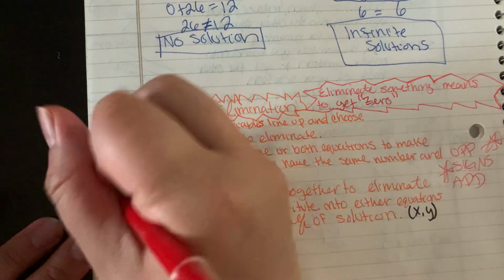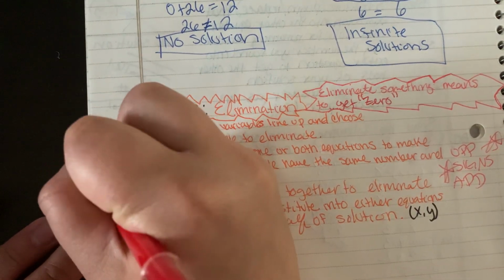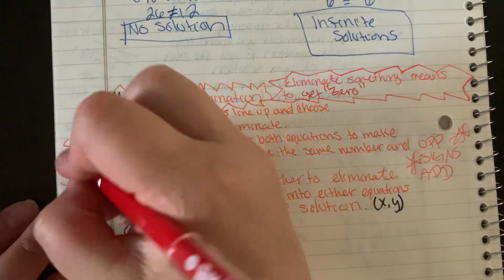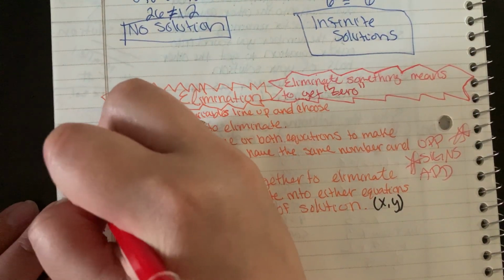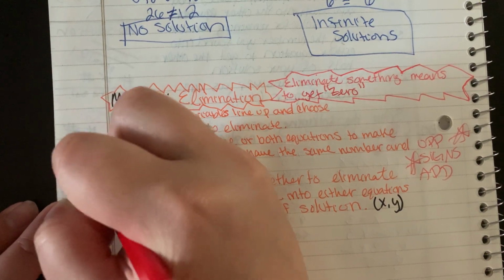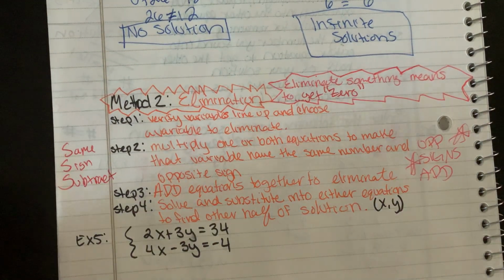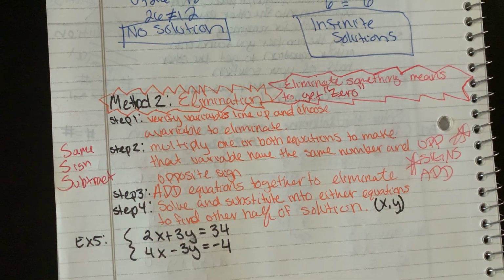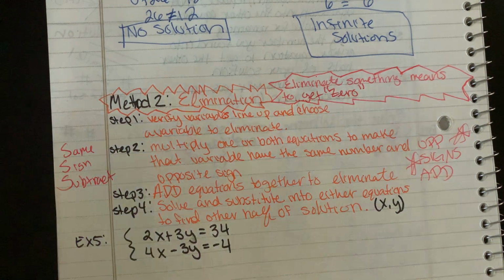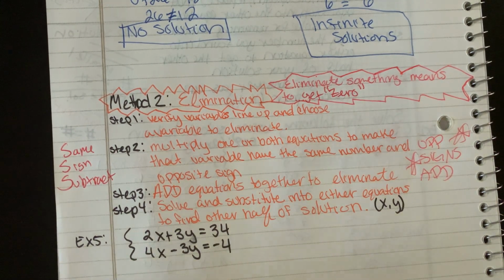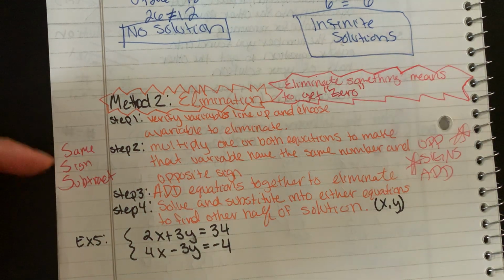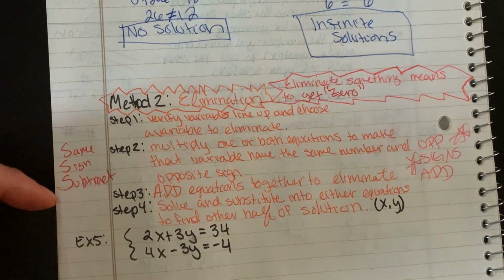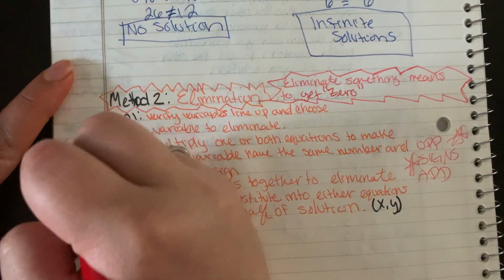But if you have same sign, which I referred to as triple S, you're going to subtract. You can manipulate an equation to always be able to add. That's up to you, or you can just analyze the set of equations given to you, and if you have same sign, triple S, subtract, or if you have opposite signs, you're just going to add.